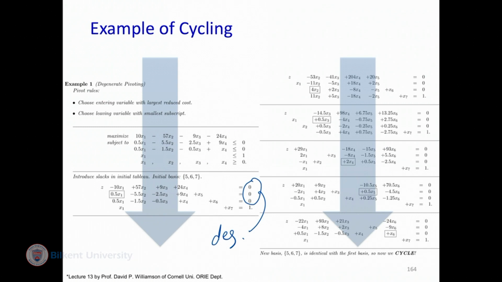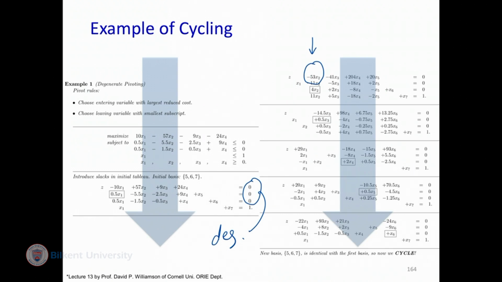And if you do this example at home, please go through this example slowly, you will see that you're entering the most negative coefficient variable, for example, x2 here. You're leaving the minimum ratio test result, and all of the ratio tests are equal to 0 here.